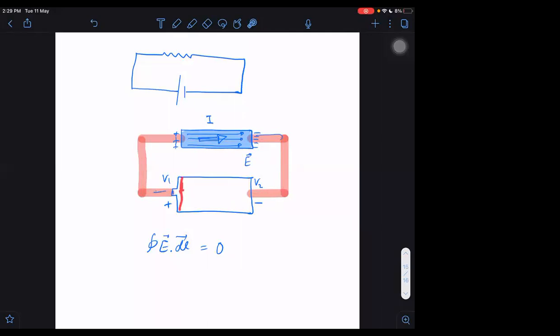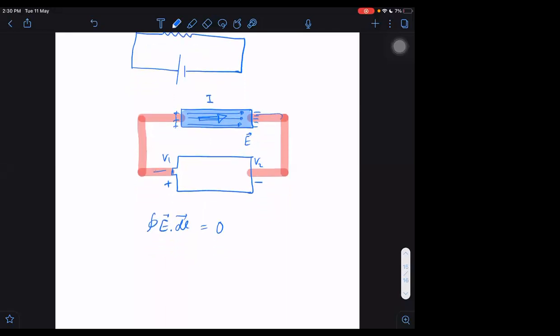So inside, if I take it this way, plus and minus, maybe we can do that also. But that is just a hypothetical assumption that there is an inside field existing in this direction. In reality, we can say that the EMF in the closed loop is not actually 0.